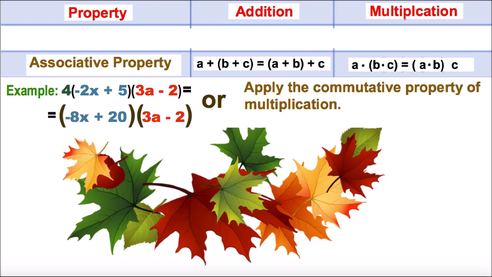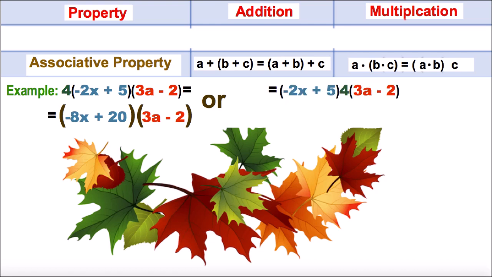Or apply the commutative property of multiplication. So that's equal to the quantity negative 2x plus 5 times 4 times the quantity 3a minus 2.